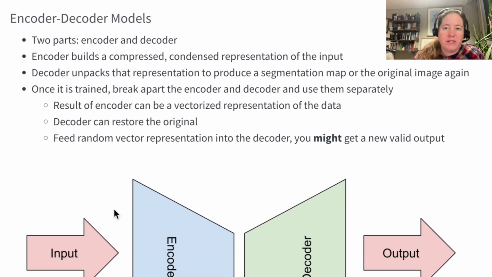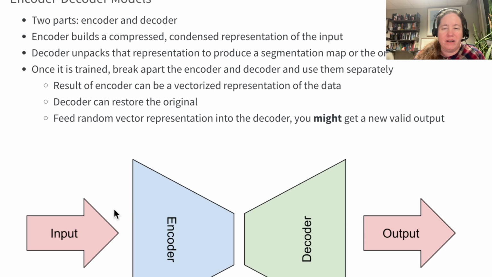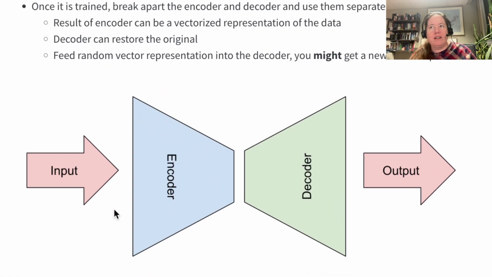So encoder-decoder models, I have a picture here. I don't think I can get it quite all in view at one time. Encoder-decoder models have two parts: an encoder phase and a decoder phase. You can see here I have this illustration of what this kind of model looks like.